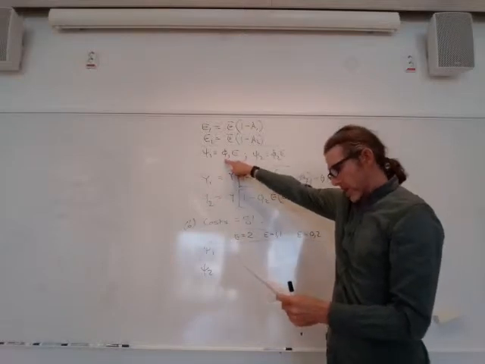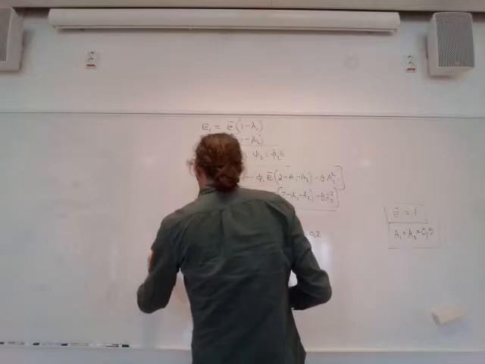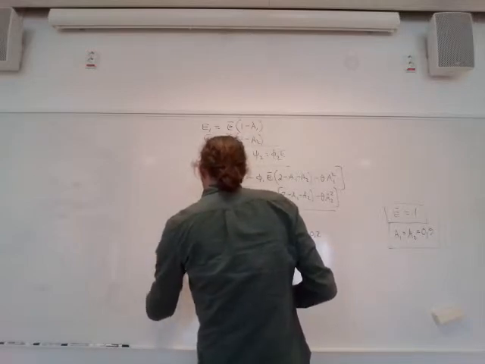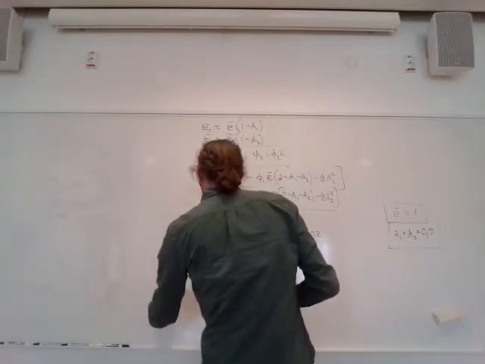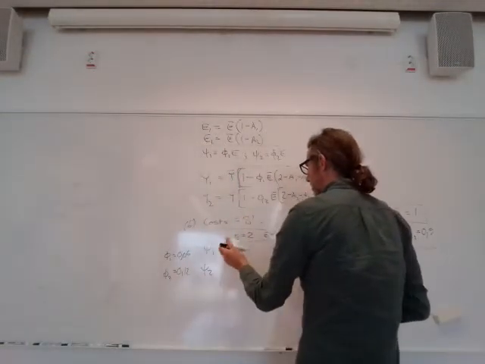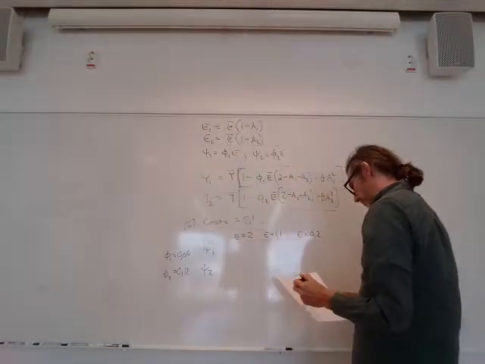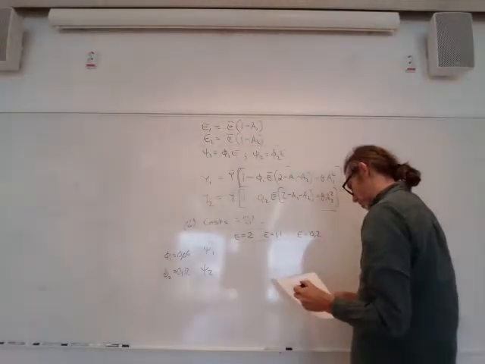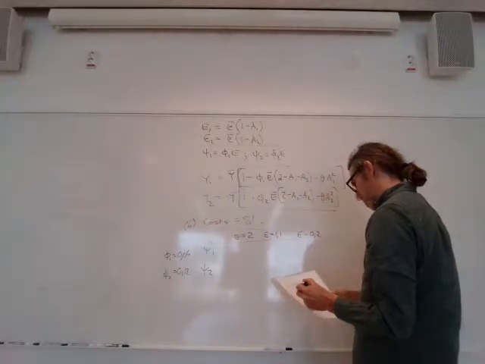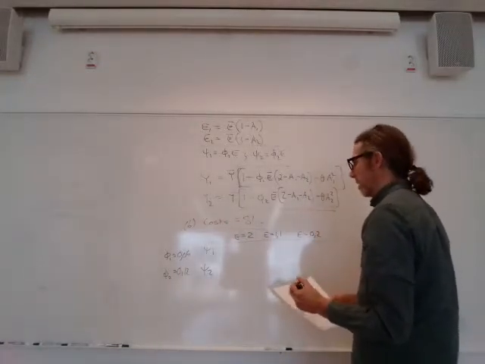Phi 1 is 0.06, phi 2 is 0.12, so 0.06 times 2 times Y bar, which is 1,000.